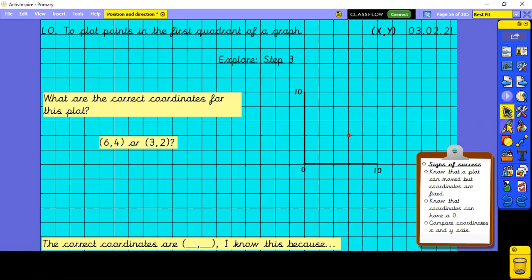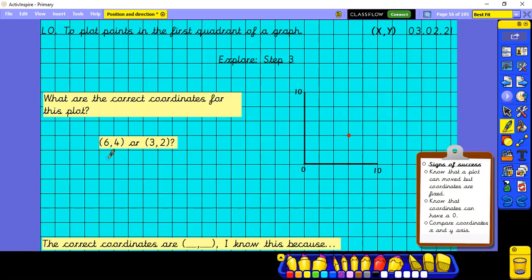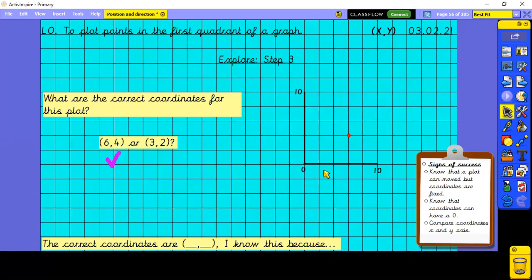So therefore, our correct plot is 6, 4, because this goes 2, 4, 6, and our x-axis coordinate is 6, and then 2, 4, and our y-axis coordinate is 4. Okay, so you really need to look at the scale of the graph because it can trick you into getting the wrong coordinates. So well done if you noticed that and got it correct. If not, have a little closer look at the scale, okay?